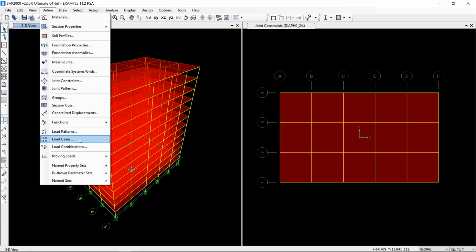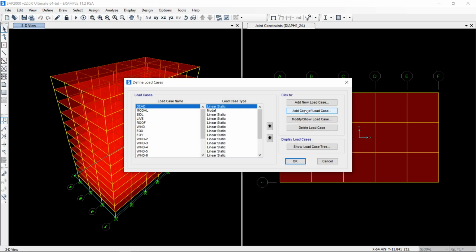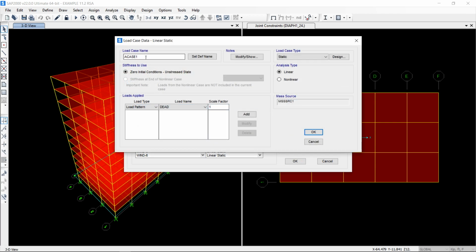We have to define a new load case. Response spectrum, acceleration.